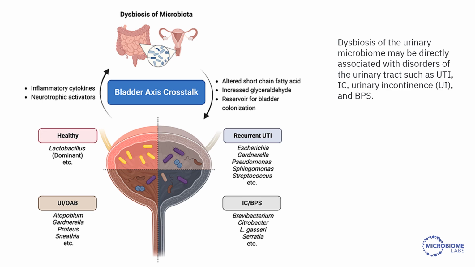Recurrent UTIs tend to occur in a bladder that contains E. coli, Gardnerella, Pseudomonas, Sphingomonas, Streptococcus, and many others. Interstitial cystitis bladders tend to be colonized by Brevibacterium, Citrobacter, Lactobacillus gasseri, and Serratia.